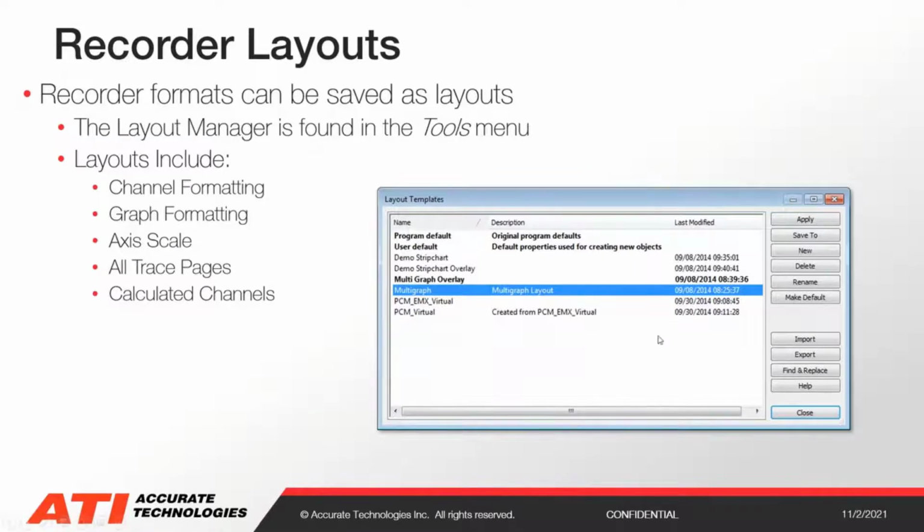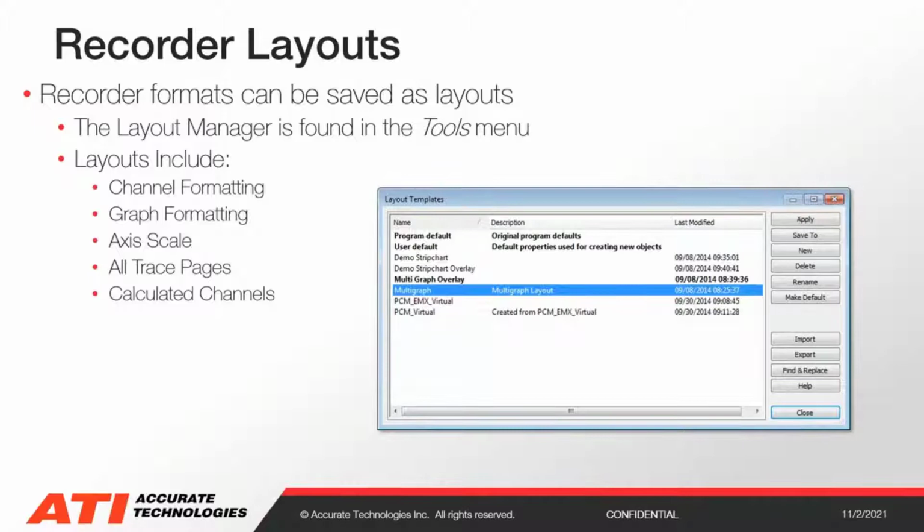One thing to know, if you do get a recorder file, let's say from somebody, and you want to kind of clear out all the layout information, what you can do is actually apply this user default. So that's just a default layout that Vision uses based on your selection in tools, options, recordings for what layout to apply for a new recorder file when it's viewed.